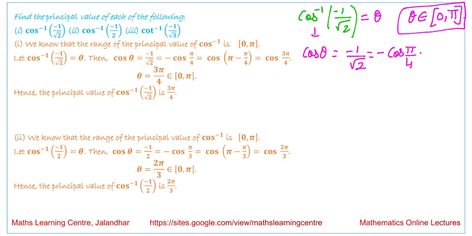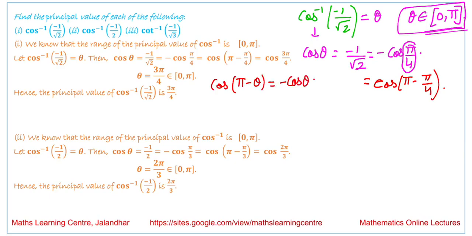We are interested in those values of theta which lie between 0 and pi, and the answer we should obtain is pi by 4. So we are saying this is cos of pi minus pi by 4, using the formula cos of pi minus theta equal to minus of cos theta.